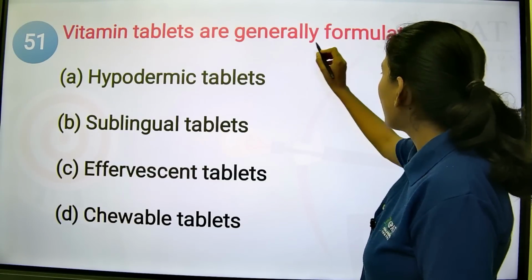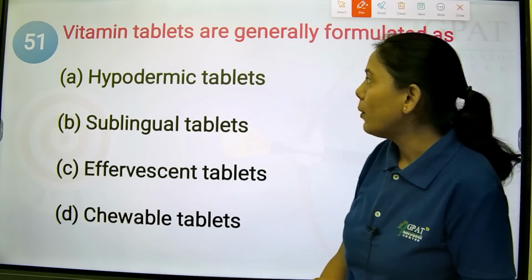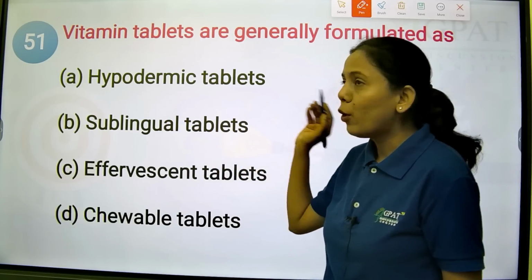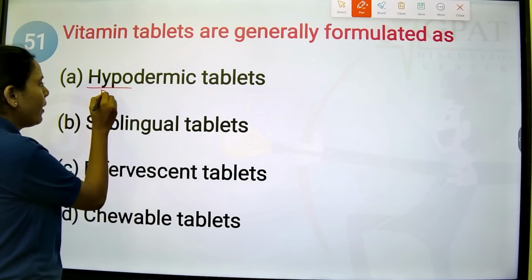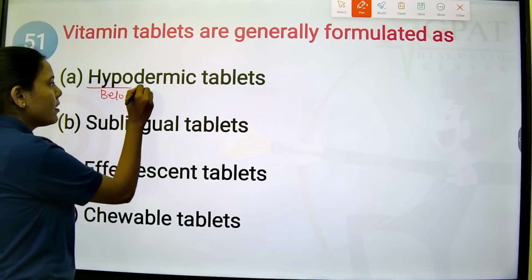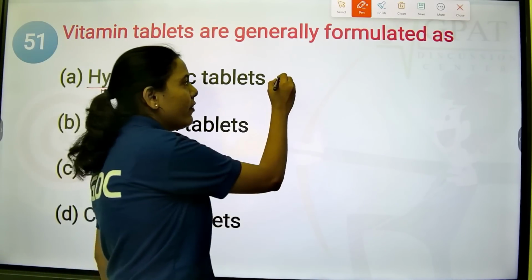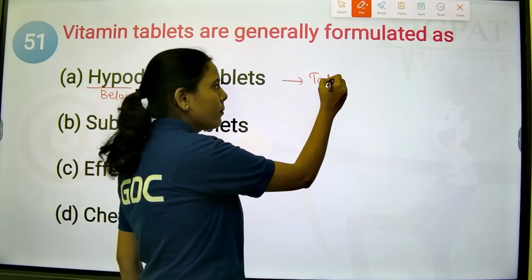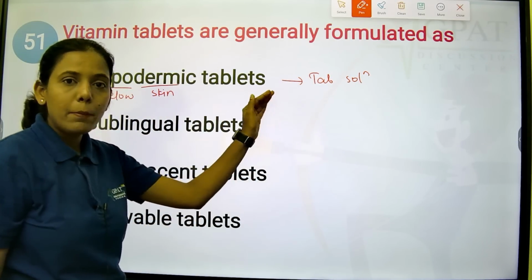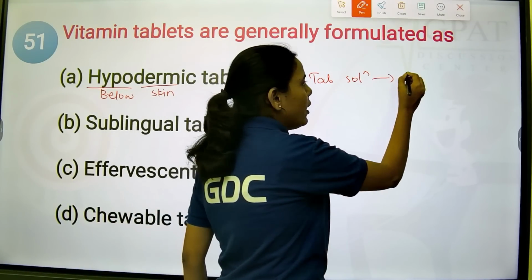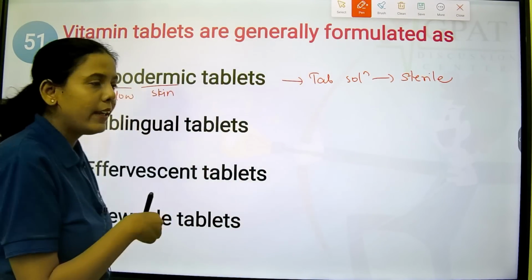Vitamin tablets are generally formulated as, option A, hypodermic. Now hypo means below, and dermic means skin. Hypodermics are basically given as solutions, injected under the skin, and they have to be prepared under sterile conditions.